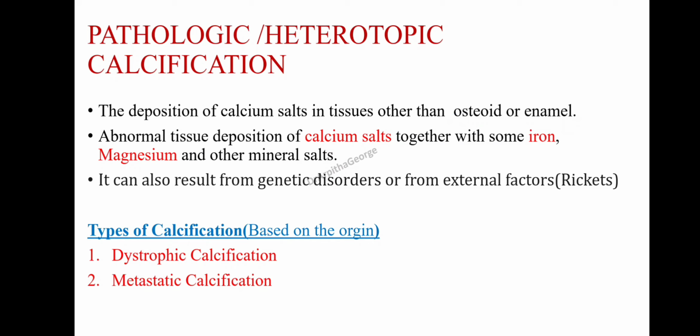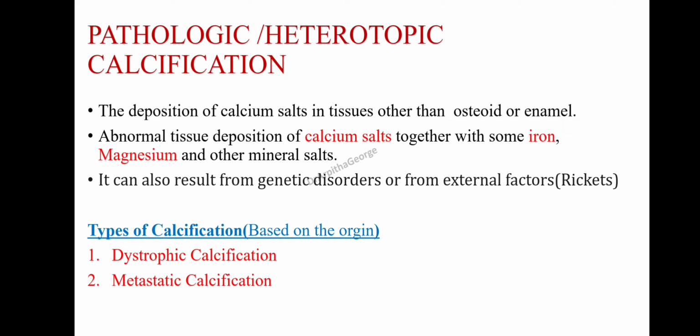One is bone and another one is enamel. Other than bone or enamel, if we see calcification in any part of our body, in our normal tissue, then it will be a pathological calcification. So if we are seeing any precipitation or deposition of calcium salts elsewhere, it will be a pathological calcification.